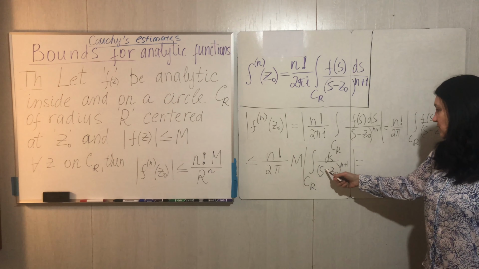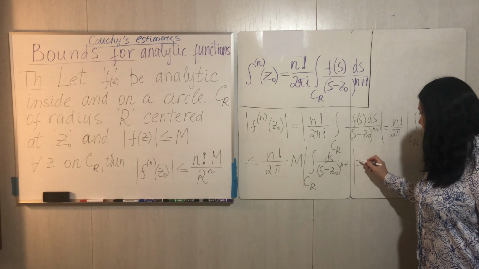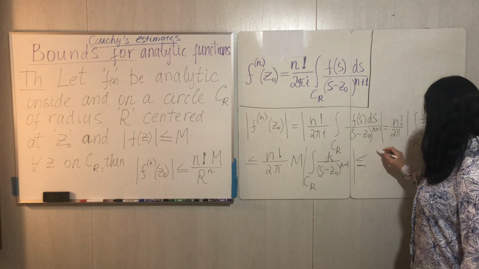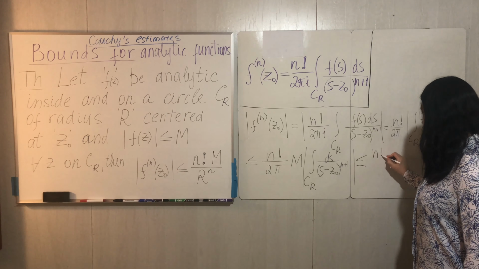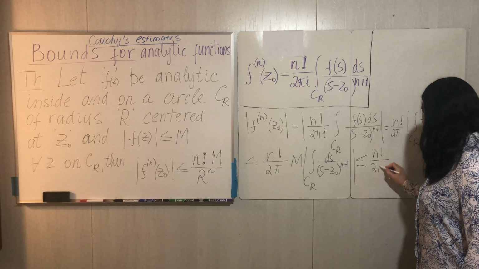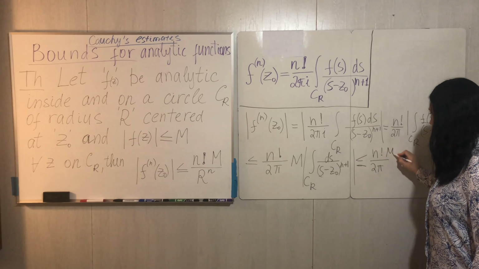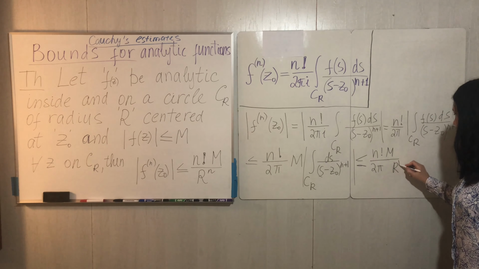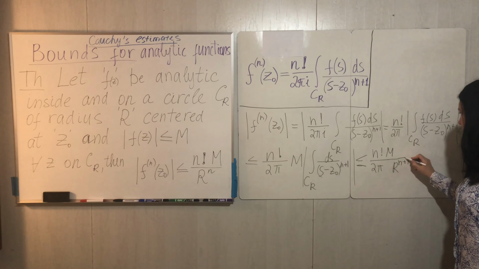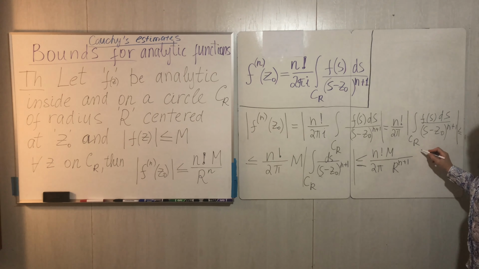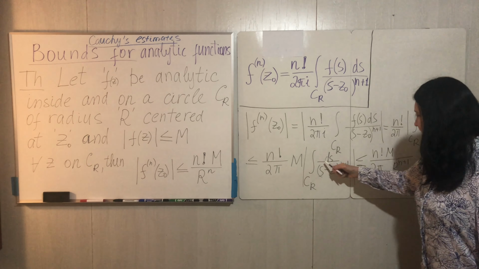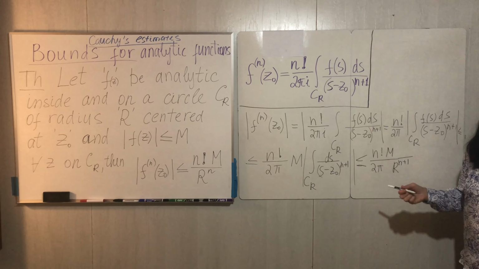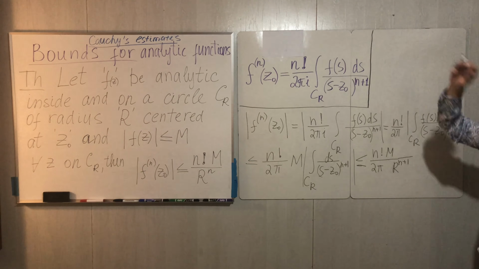Let's put it this way. We will have n factorial over 2 pi, M, then r to the n plus 1, and the integral along C_R of ds. It would be obviously 2 pi r, the circumference.